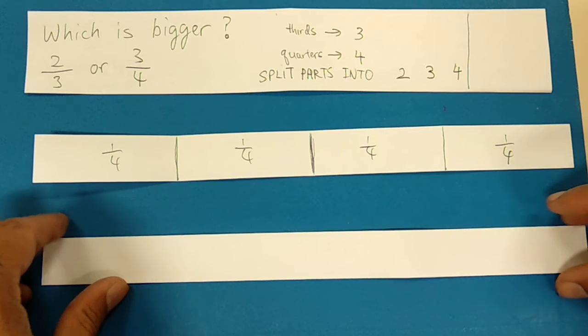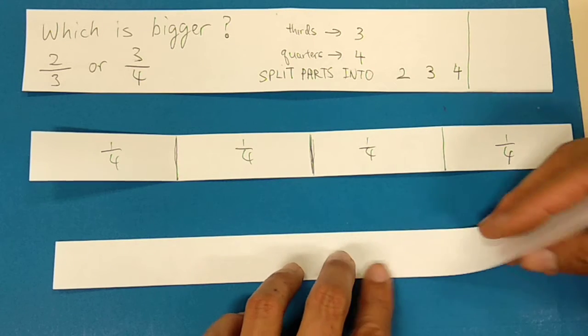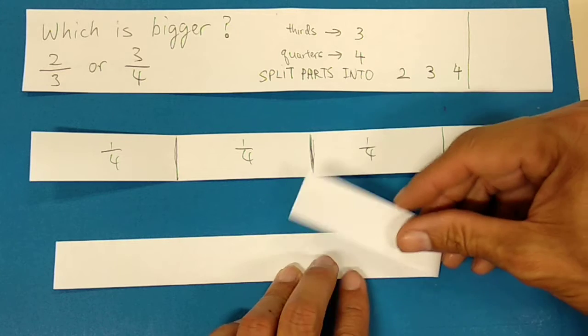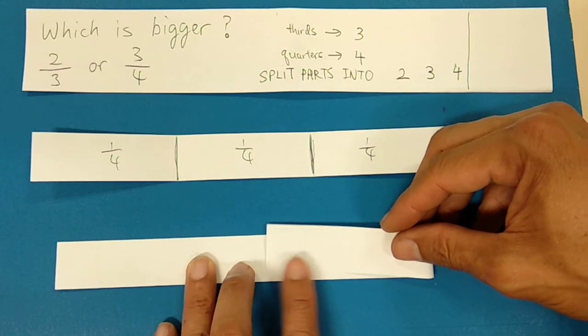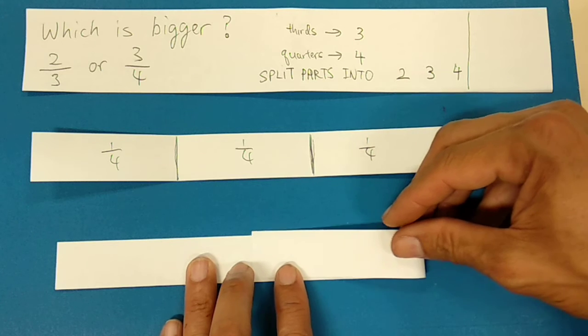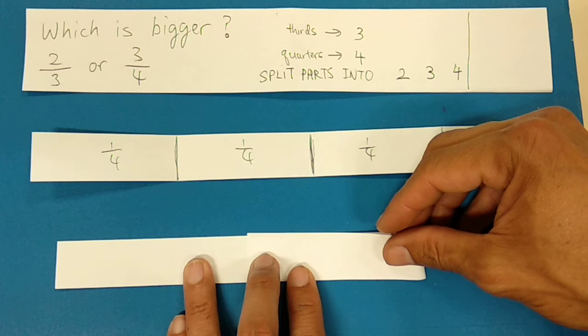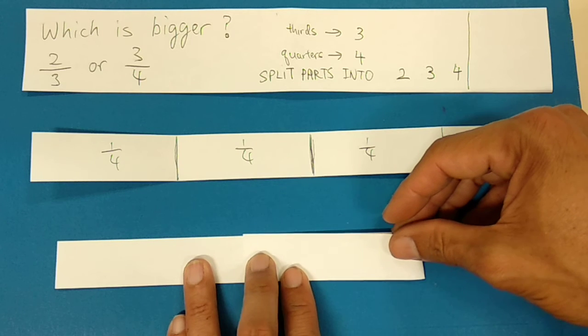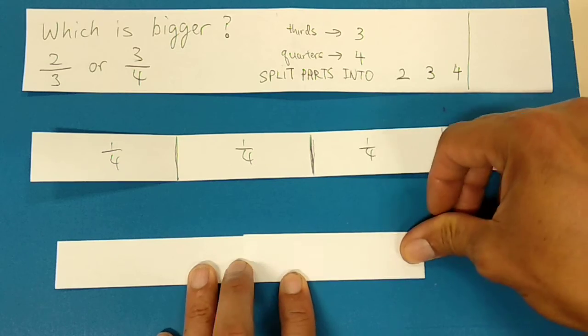Now I'm going to fold the other strip into thirds. Pretty easy. You're going to fold this strip into unequal lengths so that one side is half as long as the other. So there we go. Right.